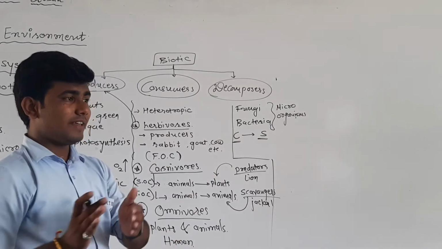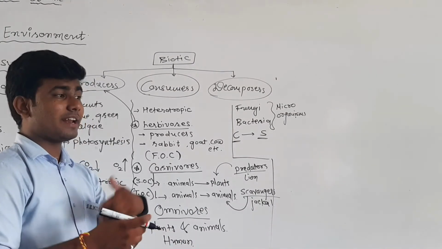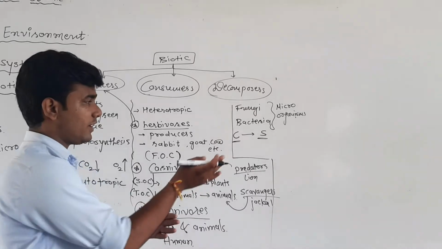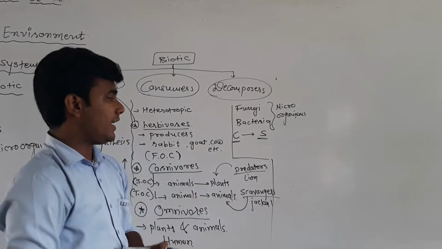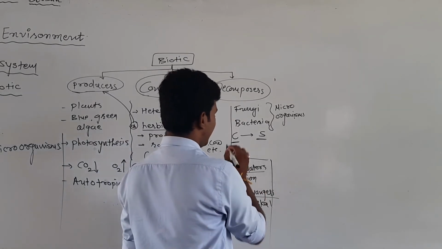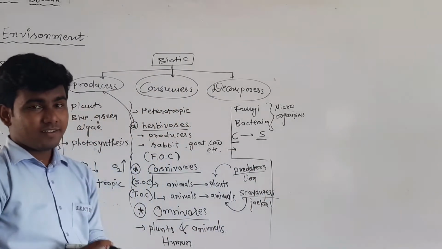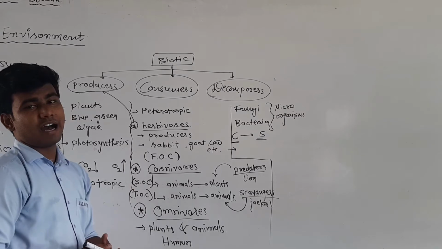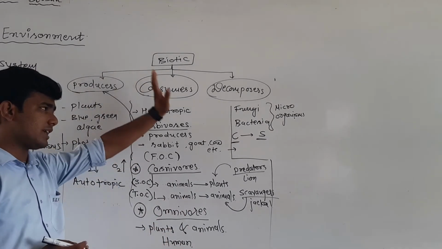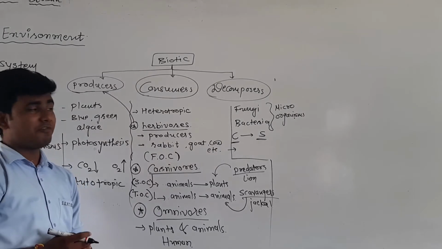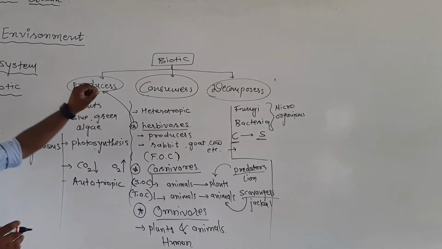So generally they are giving the energy to the different trophic levels. Okay, they are used in maintaining the cycles, and also they are used in clearing the organic waste of our environment. Okay, so this way producers, consumers and decomposers are very important factors, right?